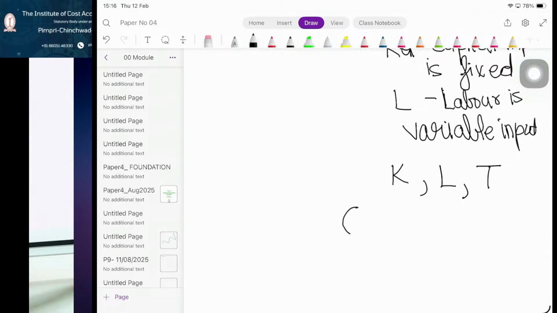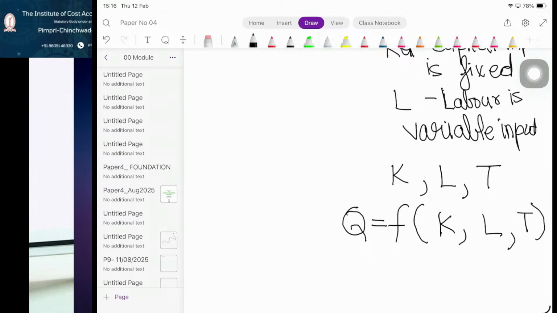Q, the output of the farm, is a function of K, capital applied, L, labor input used, and T, the land. How will you show a situation that land is the fixed factor? How will you write it in the notation?